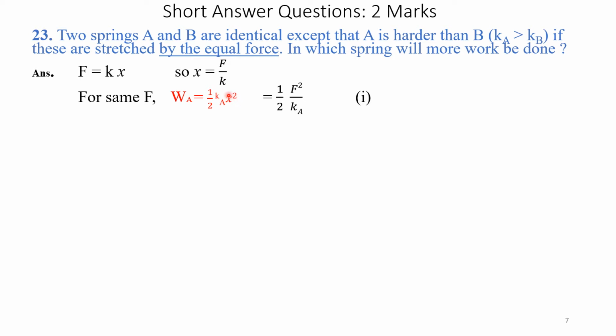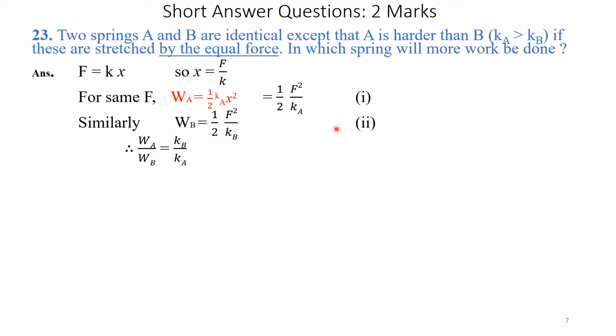But substituting x equal to F by k, we get work done by A is equal to half of F square by Ka, let it be equation 1. Similarly, for spring B, work done WB is equal to half of F square by Kb. Let it be equation 2.